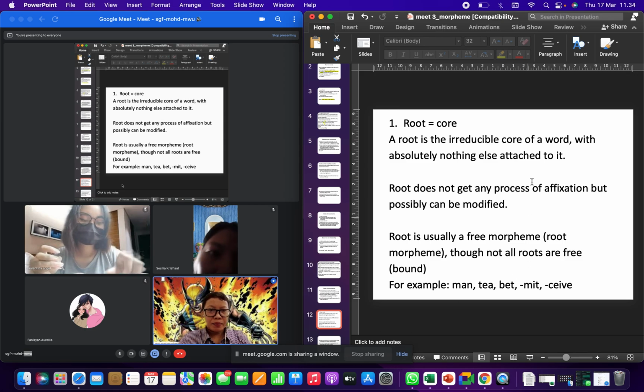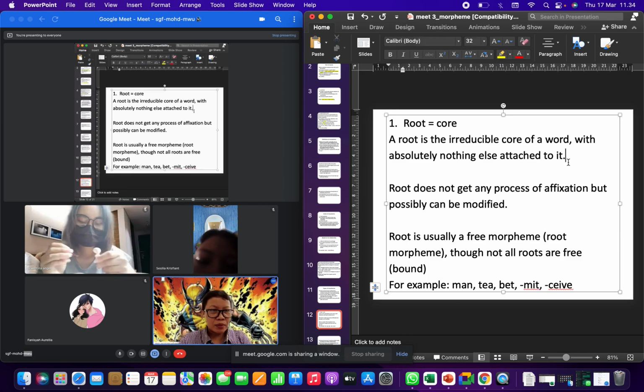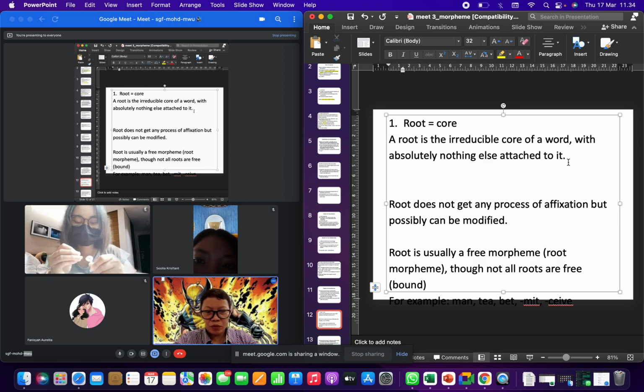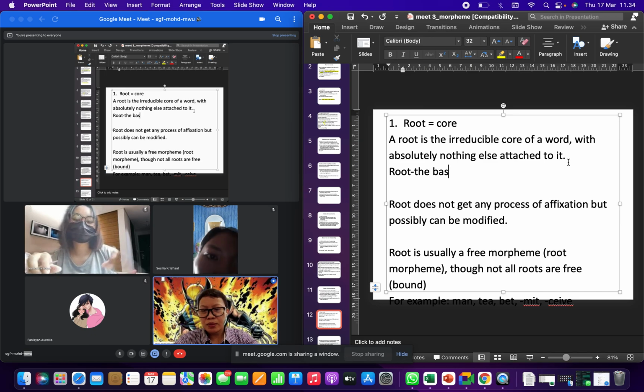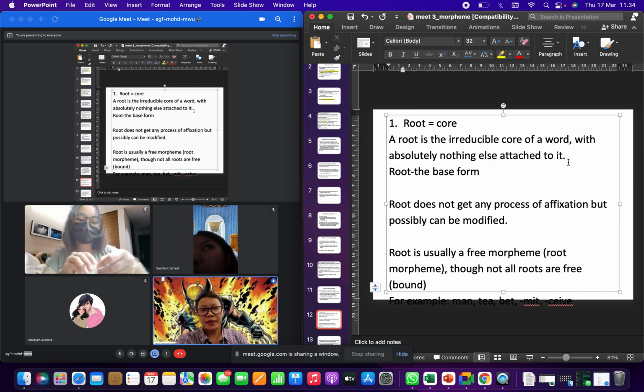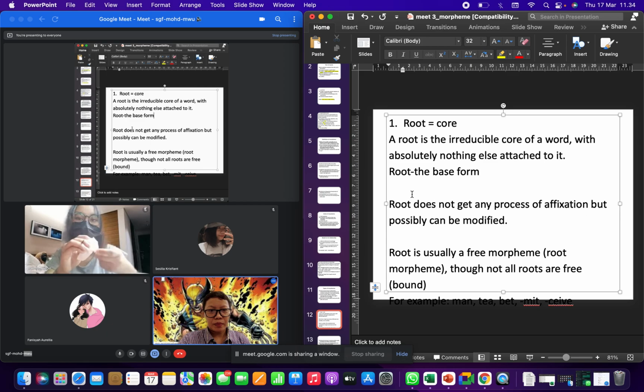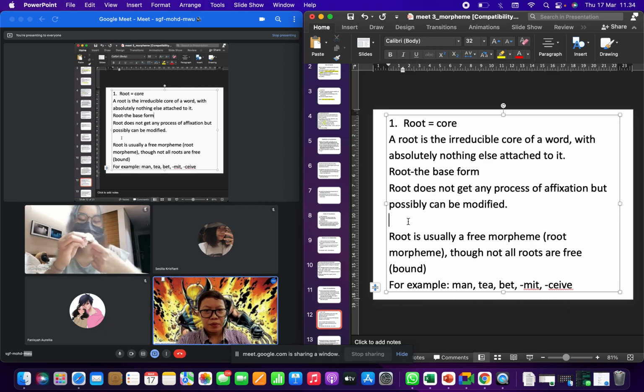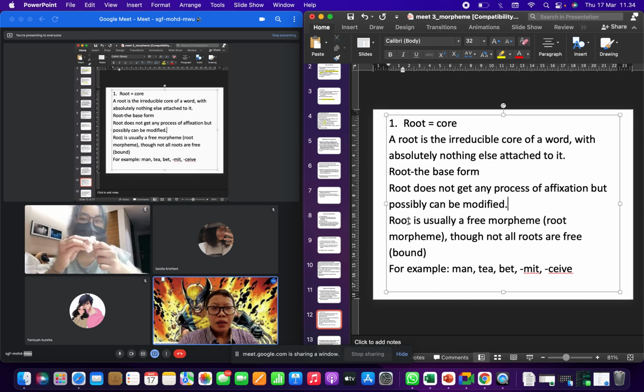Okay, I'm going to add one piece of information here. When we talk about root, we talk about the base form. And I said that root can get the process of adding affixation and can also be modified.